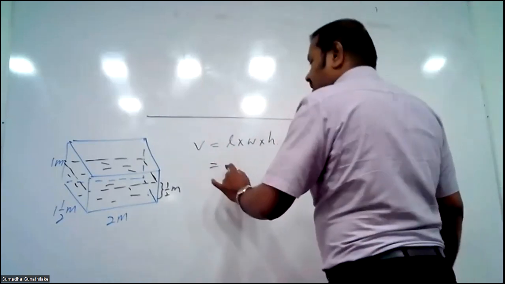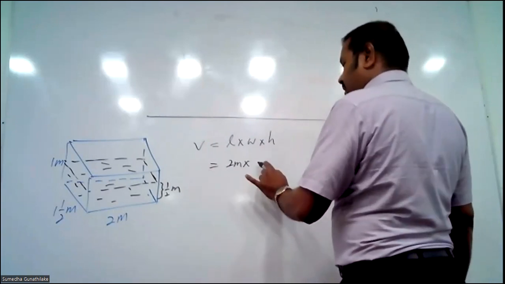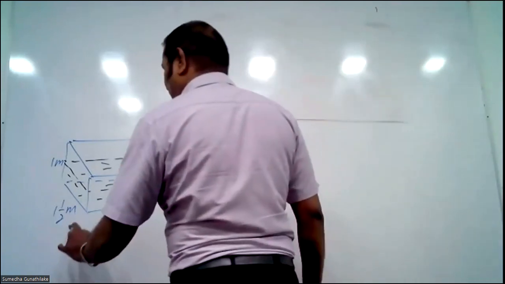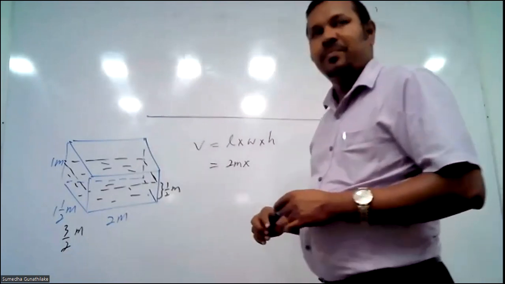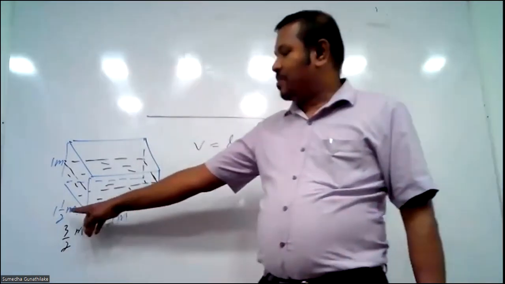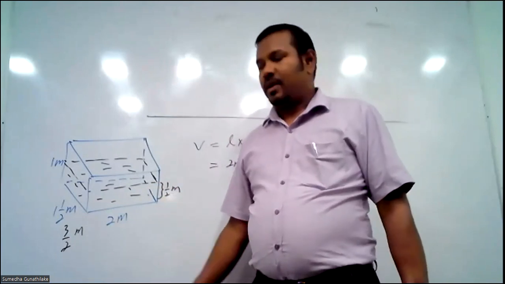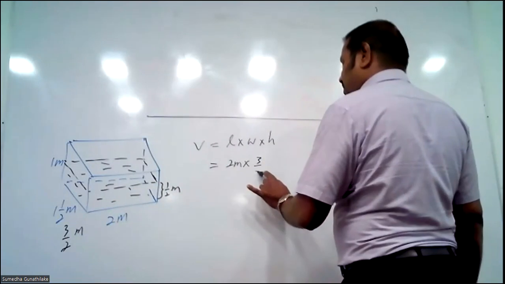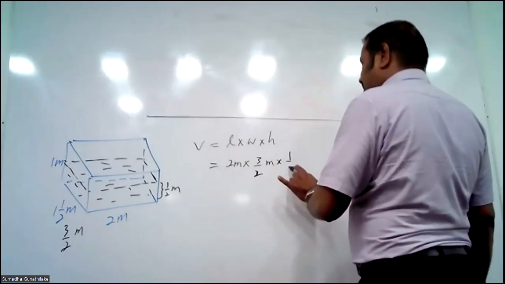Then 2 meters, 1.5. We'll write 1.5 as 3 by 2. That's easy. Instead of writing that mixed number, we'll convert that into an improper fraction. That is easy to simplify. Height half meter.